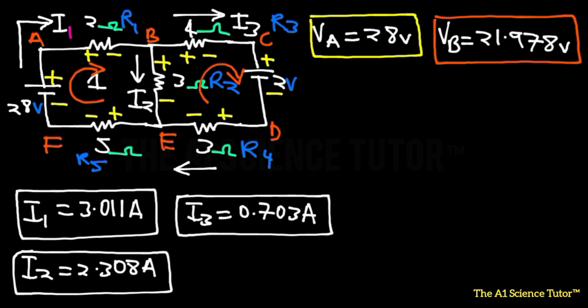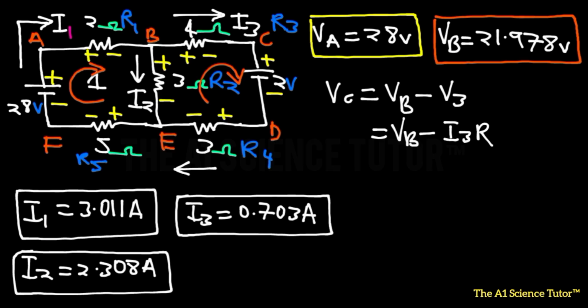Now let's find out what will be the potential at point C. Because we have the current I3 going through to that point, VC, the potential at point C, should be VB minus the voltage wasted over the third resistor. This is the third resistor. Now we know this is going to be VB minus V3, which is going to be I3 multiplied by R3.